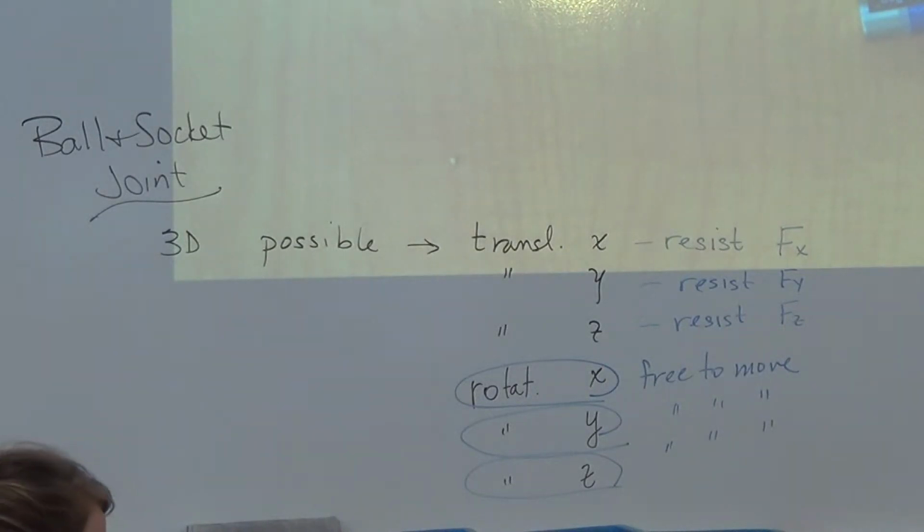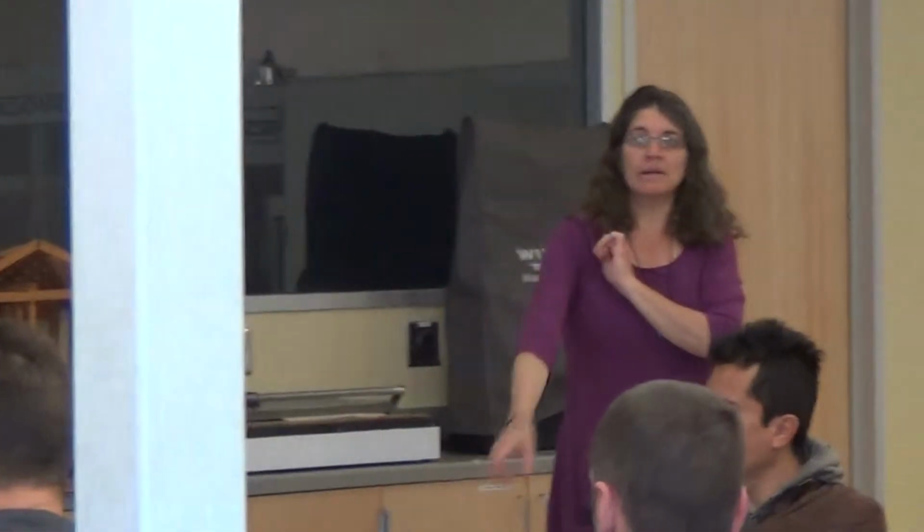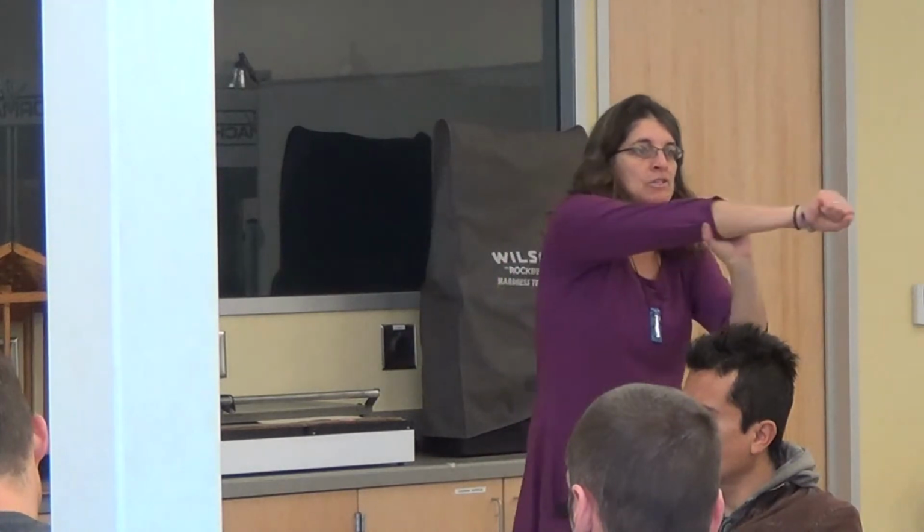So if Santiago came up and grabbed my arm and started swinging it around, a rotation, forever and ever, is my arm going to break? It won't break unless he does what? Yanks it. Pulls it in one of the directions, right? My arm is free to move in rotation in all 3 directions. My arm is not going to break if you rotate it. But my shoulder could break if it is subjected to too much of a force in the X, Y, or Z, right?